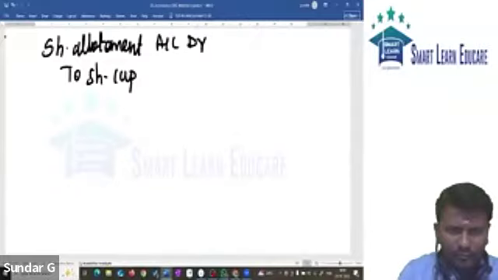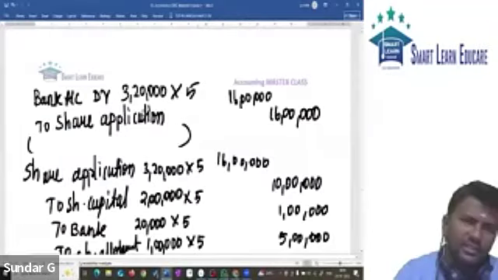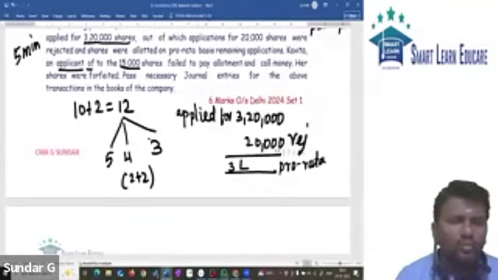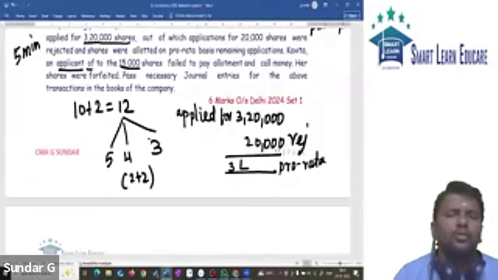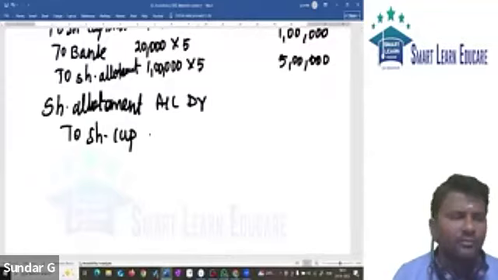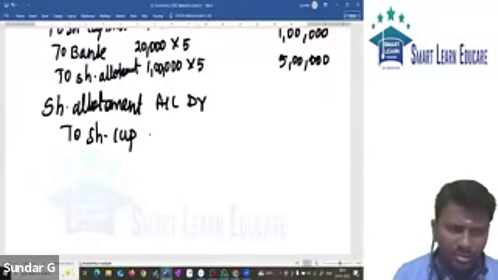Securities premium is in which stage? 4 rupees in the allotment stage, 2 plus 2. So the allotment due journal entry: share allotment account debit to share capital.